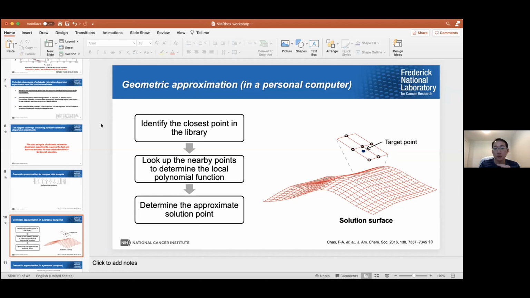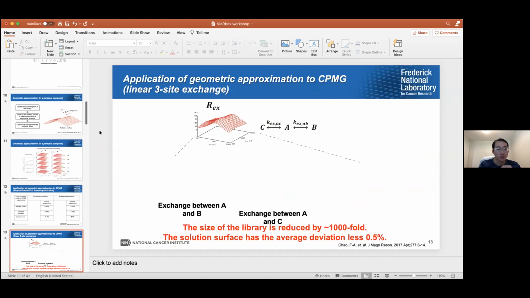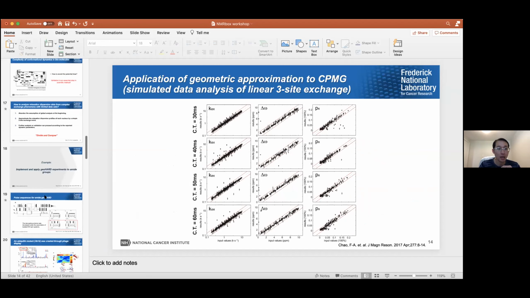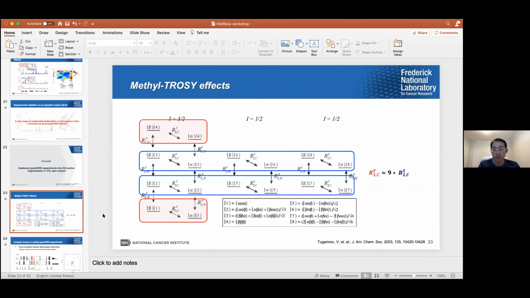That's a great question. It all depends on what experiment you are running. Now the most mature one is the methyl experiment. In that case, of course, for the best methyl TROSY effect, you need the deuteration.